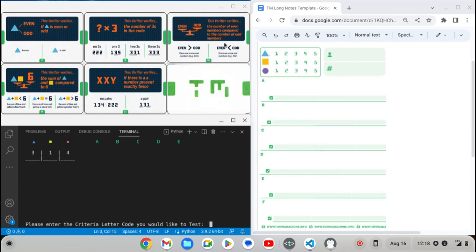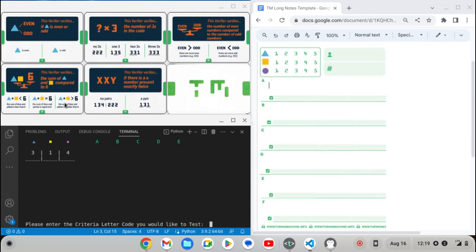Criteria card C again looks at our 3-digit solution, but this time it'll let us know a little bit about the ratio of even to odds. So should there be more even than odds, or less even than odds? Criteria card D will take a look at the first 2 digits, triangle and square, add them up, and compare the sum to the number 6. So should the sum be less than 6? Should the sum be equal to 6?